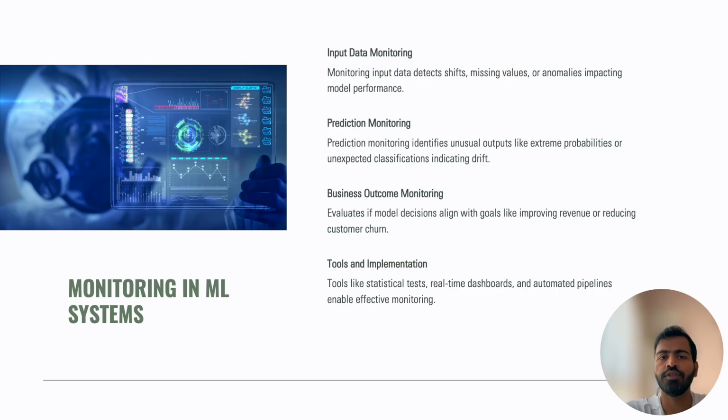What we need to check here is, are outputs becoming extreme? Are probabilities drifting? The model may still respond but incorrectly. Third one is business outcome monitoring. So we need to check, are decisions helping the business? Are KPIs improving? A technically correct model can still fail business goals.